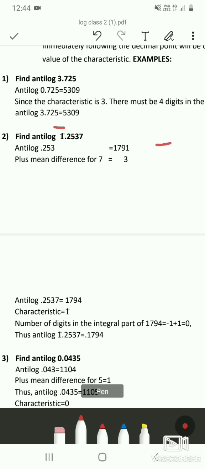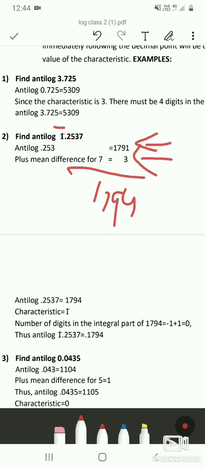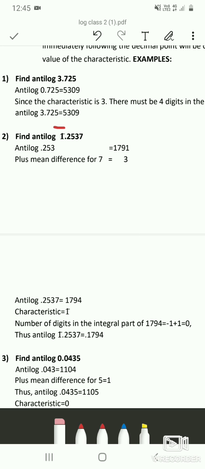You add the antilog of 253 plus the mean difference, which gives 1794. So now we are done with the first step, that is finding the antilog of the mantissa part. Now here the characteristic is minus 1, which is written as bar 1. As we had seen in the third rule, when the characteristic is negative, the number of zeros after the decimal point should be 1 less than the numeric value of the characteristic.